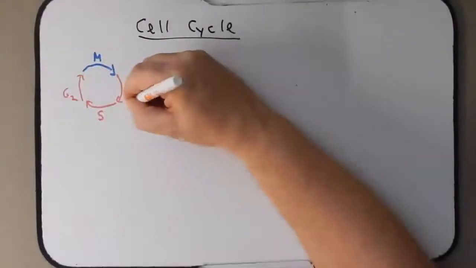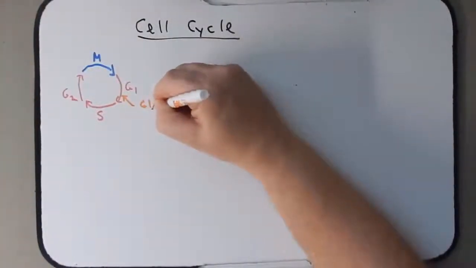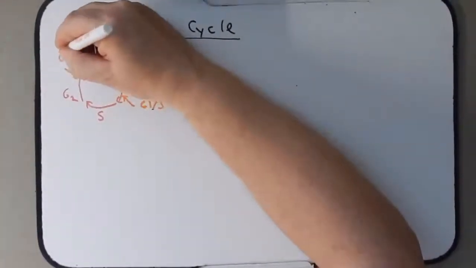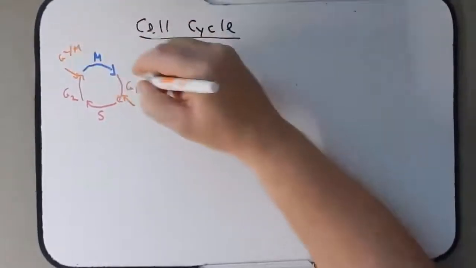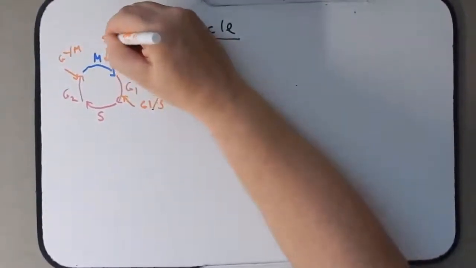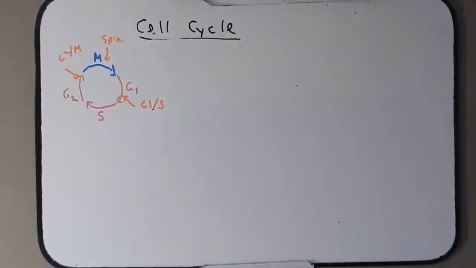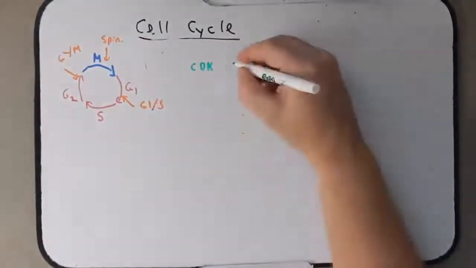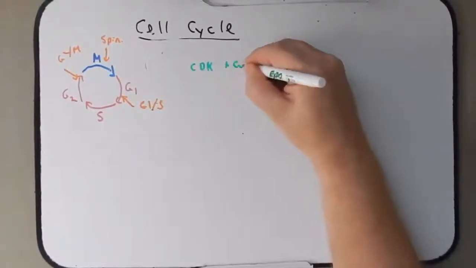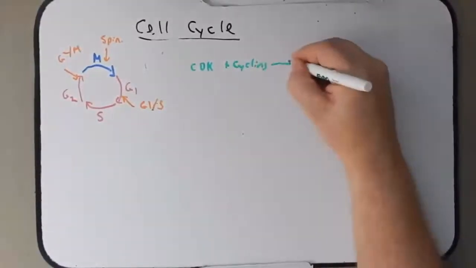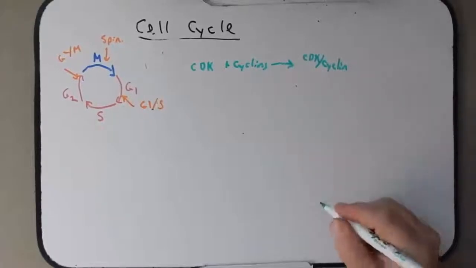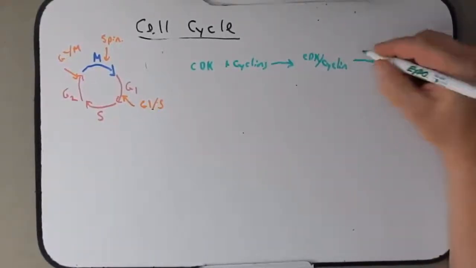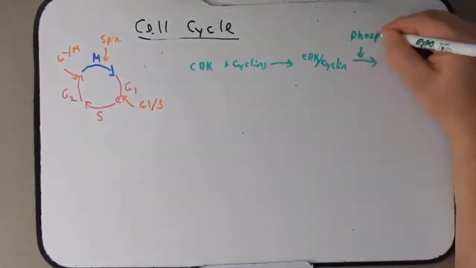We also talked about the G1S checkpoint, the G2M checkpoint, and then the spindle checkpoint during mitosis. And remember, we talked about cyclin-dependent kinases and how they were inactive until they were bound to cyclins. And then once they were bound, they were still inactive until they were activated by a phosphatase.